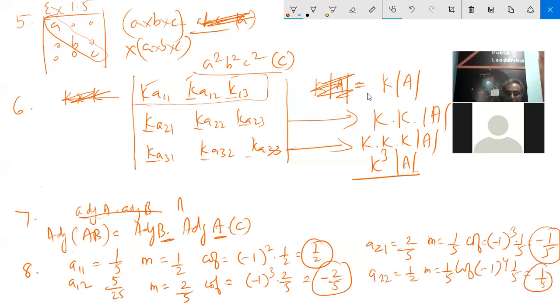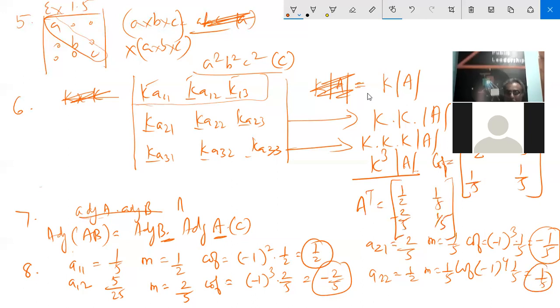So what we are getting is half, minus 2/5, 1/5, and 1/5. This is the cofactor matrix. Transpose, A transpose will be half, minus 2/5, 1/5, 1/5.